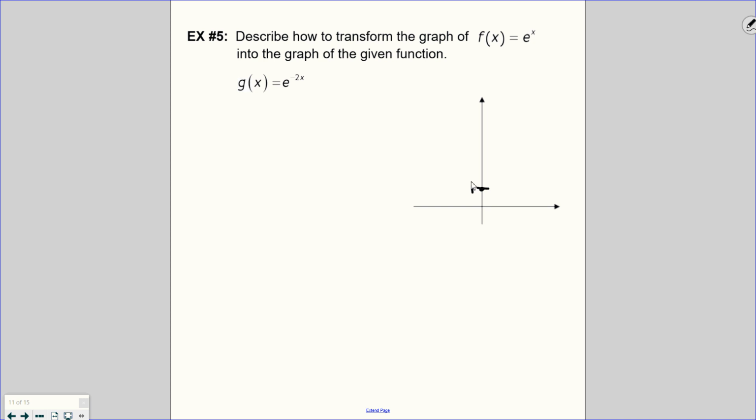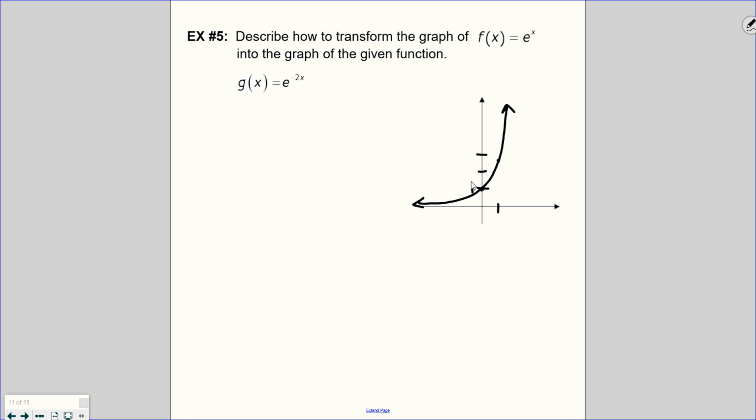They cross at a, and here a is 1. And then we could guesstimate when x is 1, you're going to get e to the first. Well, we just said e is about 2.7, so this point would be about right here. That would give me at least an idea of the steepness of this exponential graph.